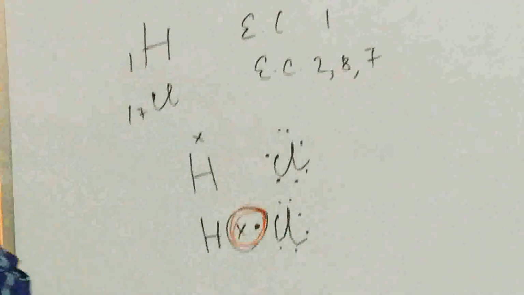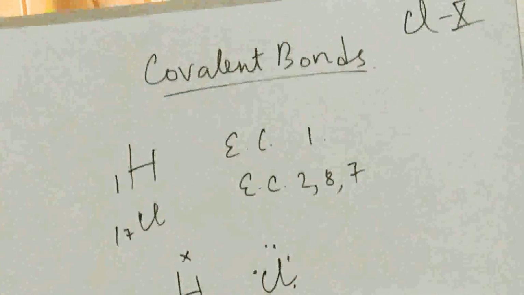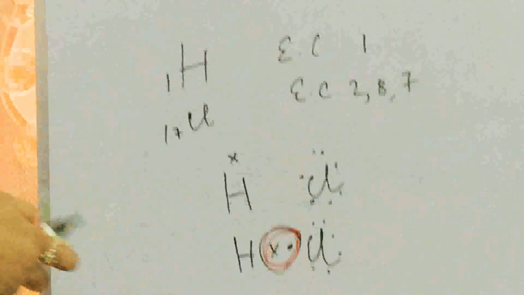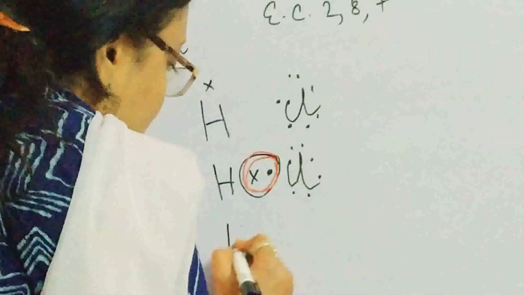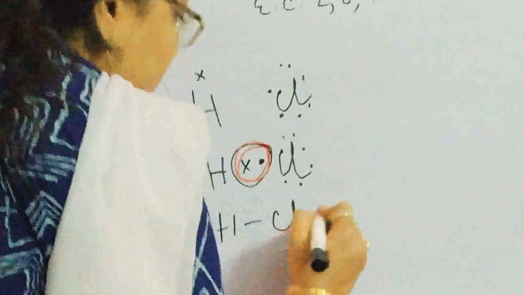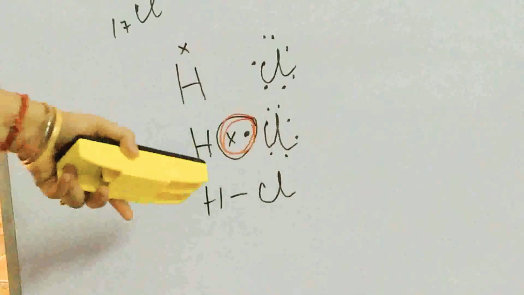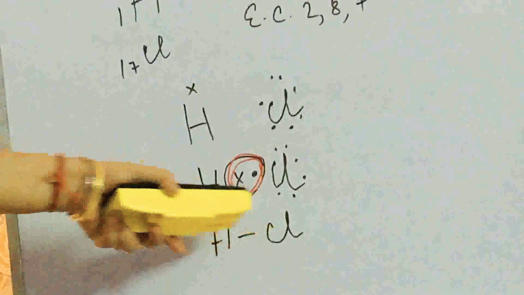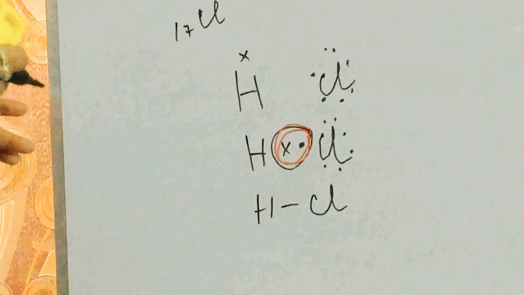I have already discussed that covalent bonds are of three types. Here I am showing how a single covalent bond is formed.